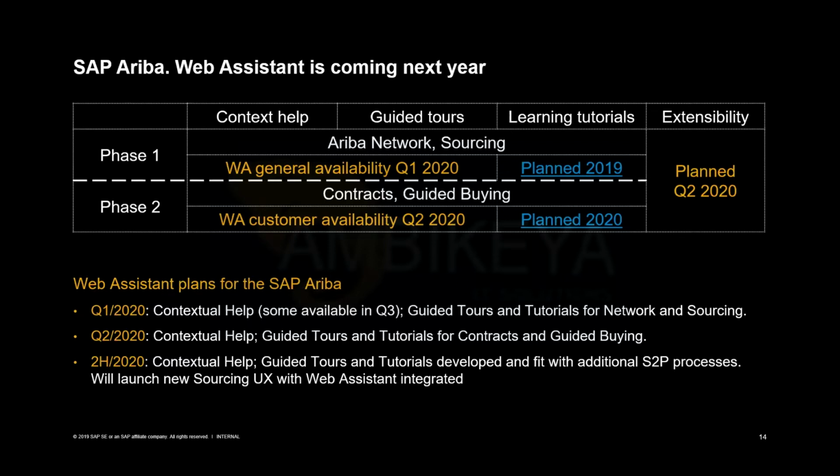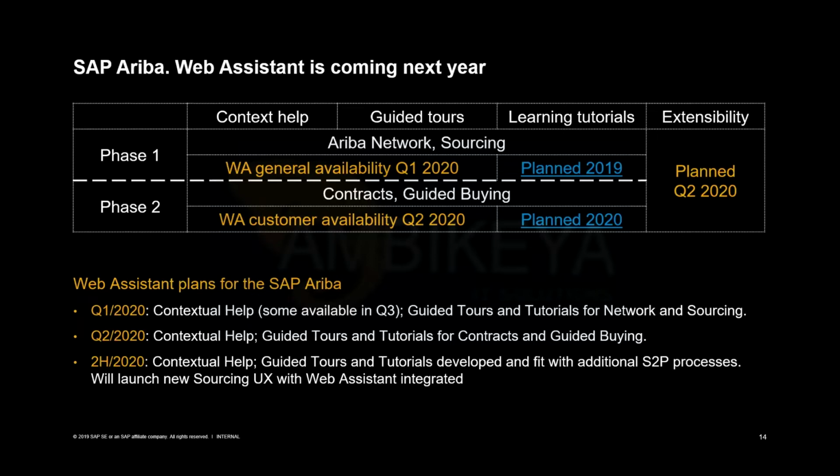Now, this topic. When we had our release notes for the 1908 release, this was certainly my biggest frustration because I know how badly the business wants this. So for Ariba, the Ariba support for Web Assistant has been delayed until Q1 of next year.